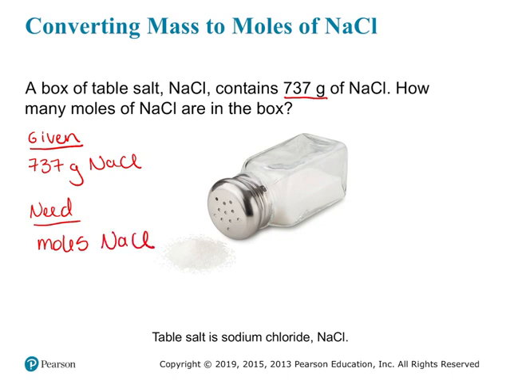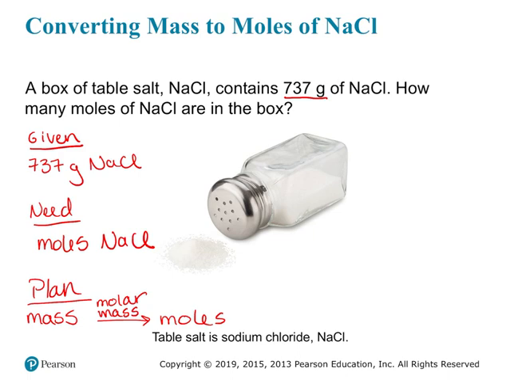So our plan is to convert the mass that we were given to moles, and we're going to use the molar mass in order to do that. Now, we don't know the molar mass of sodium chloride just yet, so we will have to calculate that.